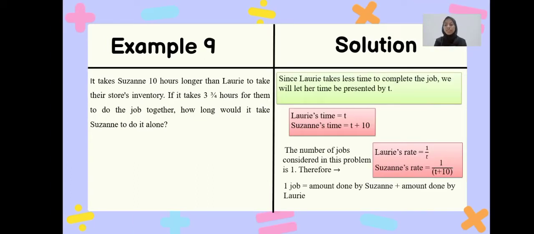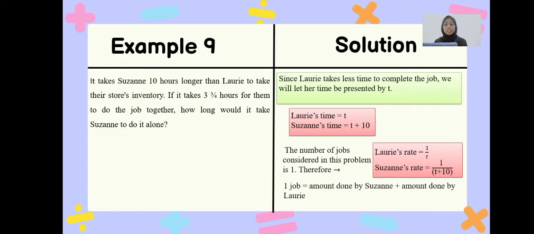Next, example number 9. It takes Suzanne 10 hours longer than Laurie to take their store's inventory. If it takes 3 and 3/4 hours for them to do the job together, how long would it take Suzanne to do it alone? Since Laurie takes less time to complete the job, we will let her time be represented by t.